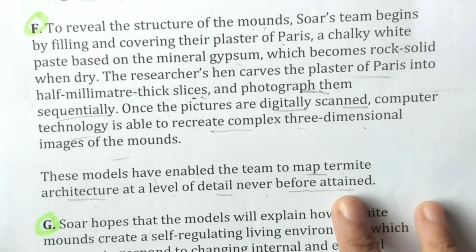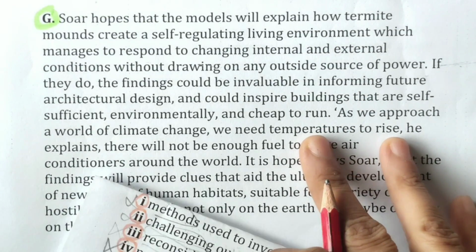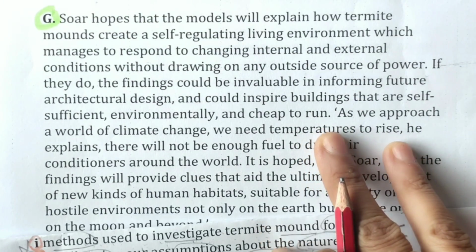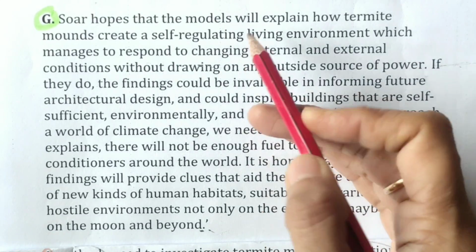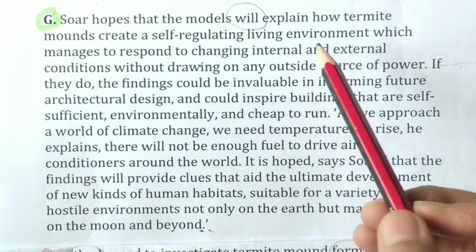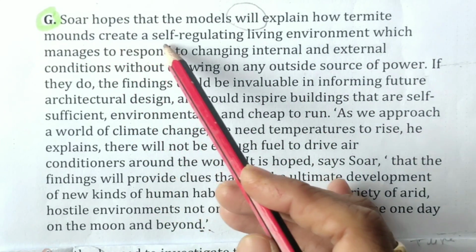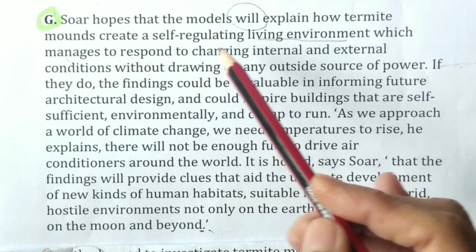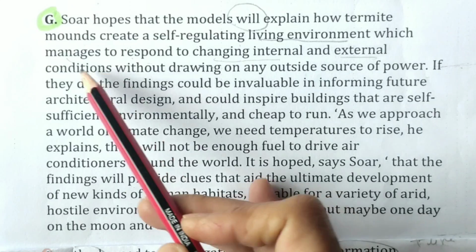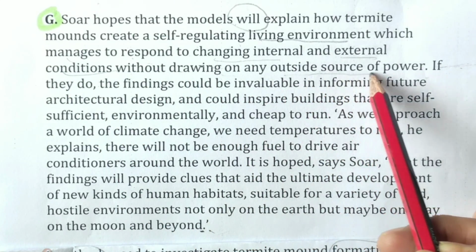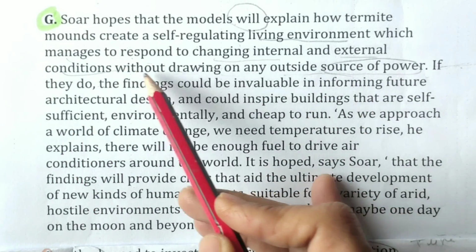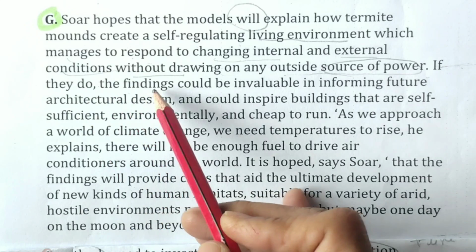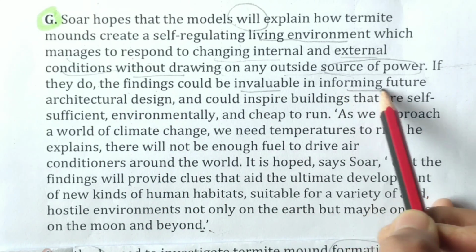Yes, G number. So hopes that the models will explain how termite mounds create a self-regulating living environment which manages to respond to changing internal and external conditions without drawing on an outside source of power. If they do, the findings could be invaluable in informing future.